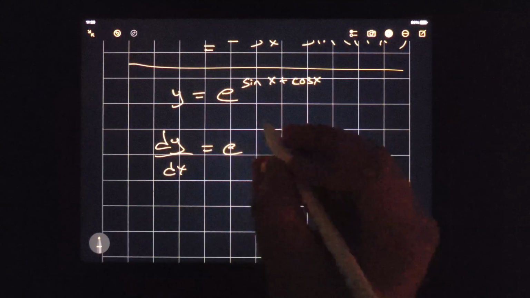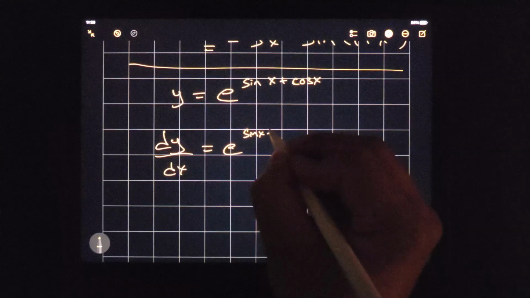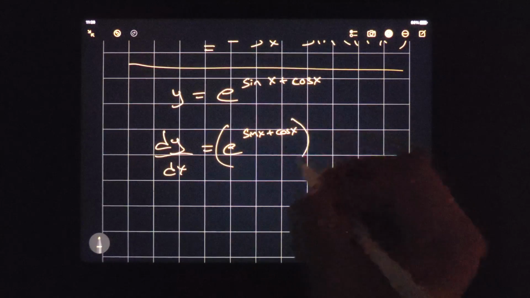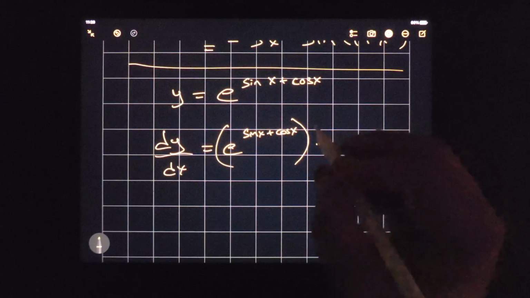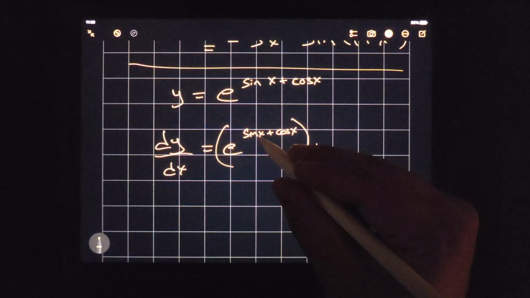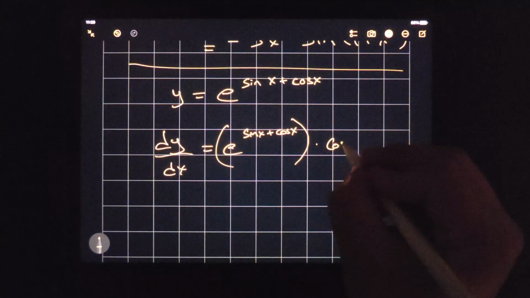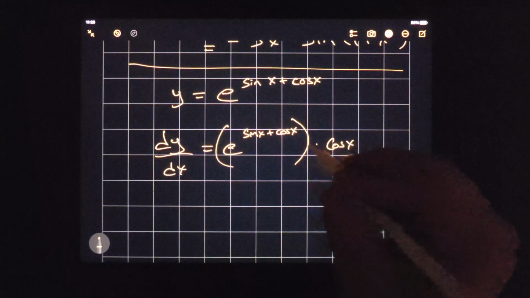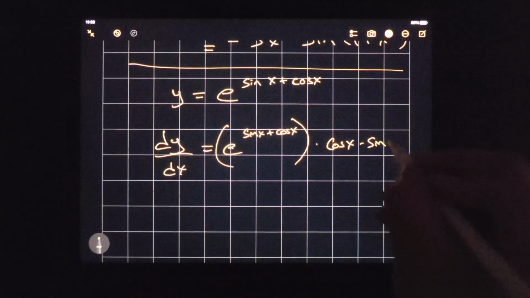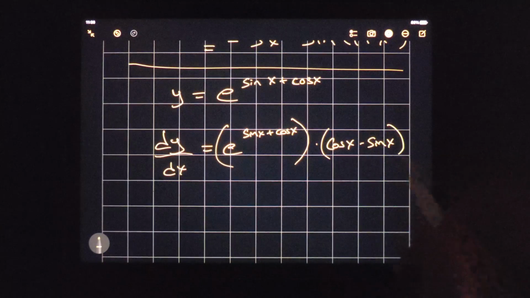You just rewrite the same thing, e to the sine x plus cos x, times the derivative of the exponent, which is going to be sine x will become cos x, and we're adding cos x, but the derivative of cos x is negative sine x. And there you go. It's just one step at a time.